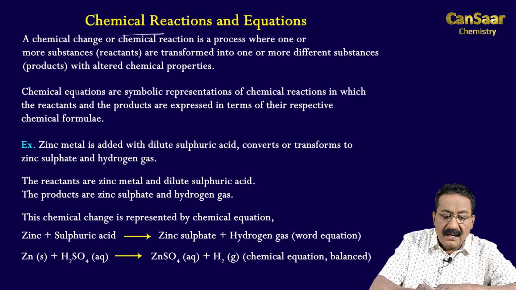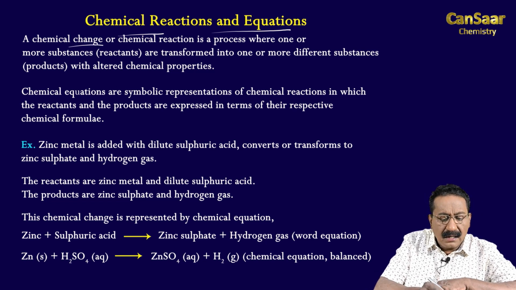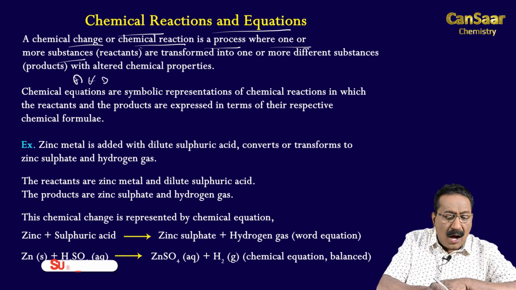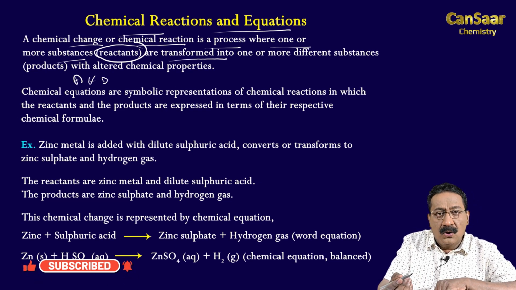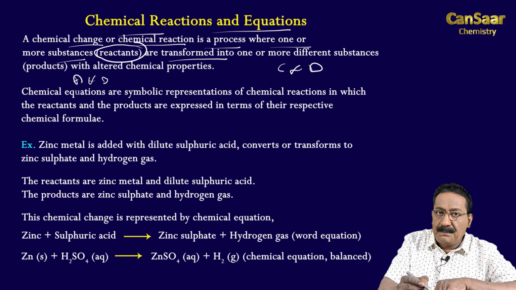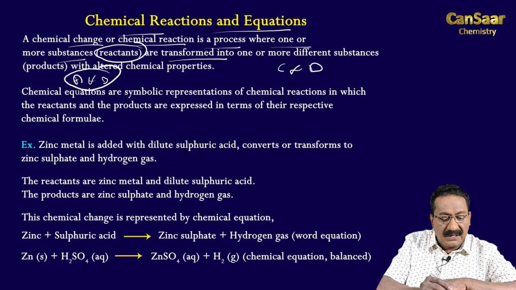Chemical reactions and equations. A chemical change or chemical reaction is a process where one or more substances, say A and B, so-called reactants, are transformed into one or more different substances, say C and D, so-called products, which have different properties when compared to the reactants A and B. This is called chemical change or chemical reaction.